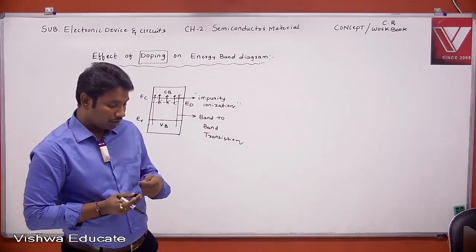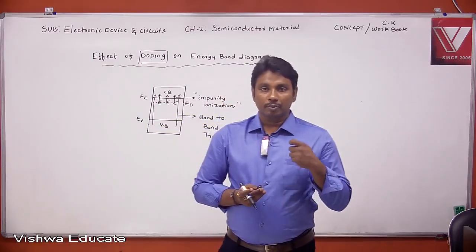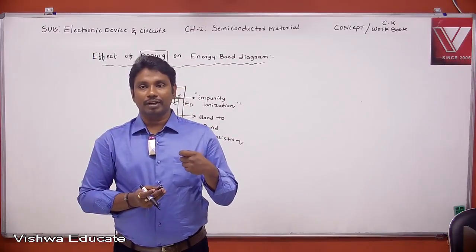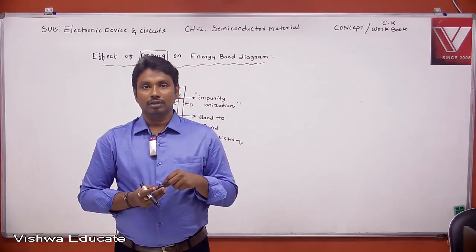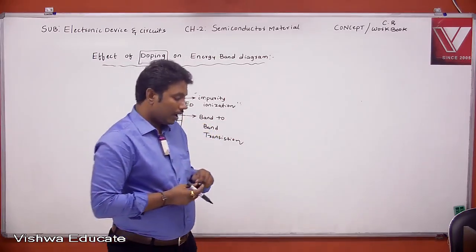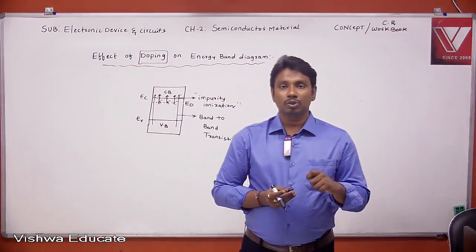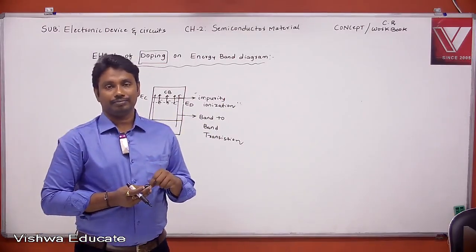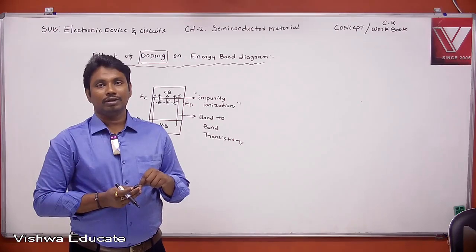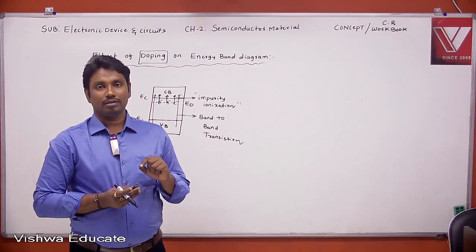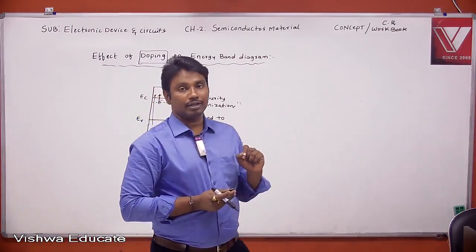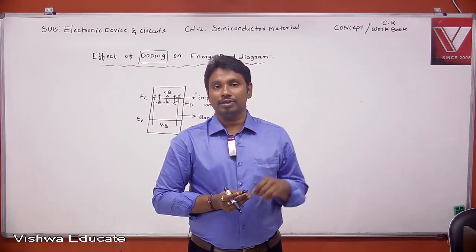Next point. When a small amount of energy is given to a semiconductor, then electrons are moving from donor energy level to conduction band. Then it is called impurity ionization.